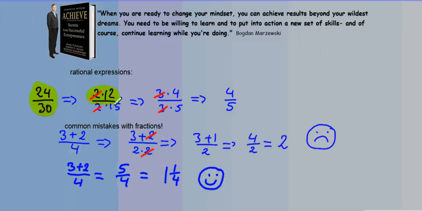Since both numbers are even, you can gradually reduce. So this is 12 over 15, and further reducing 12 and 15 because the common factor is 3 for both, this is equal to 4 over 5. So we were dividing as many times as needed by two factors, 2 and 3.